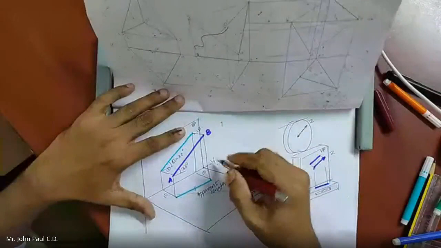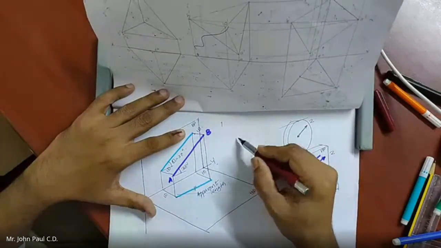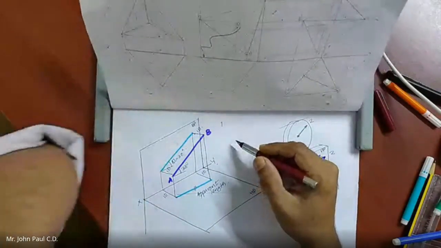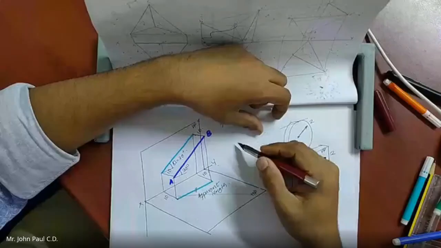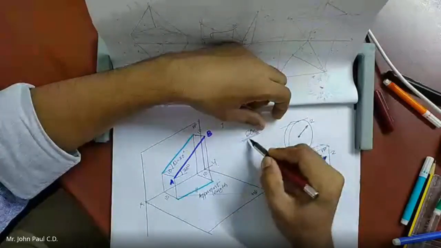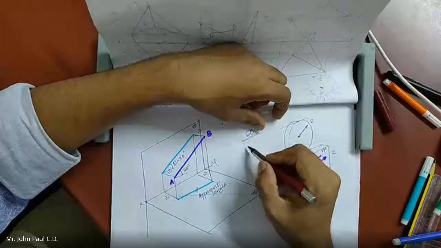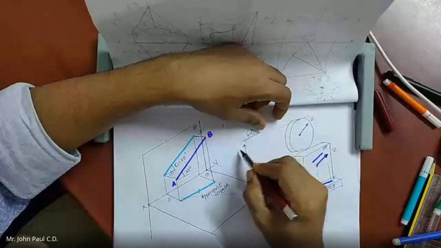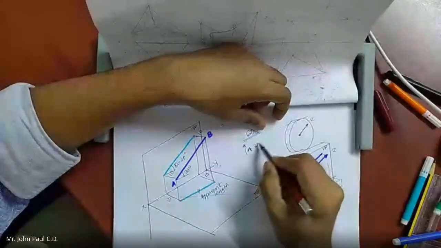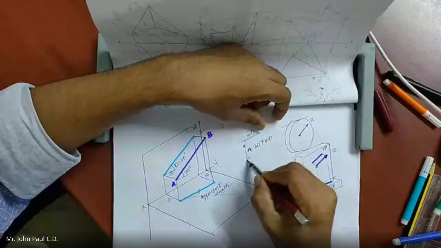In the previous class, the length of AB was, can anybody tell me, 60 mm. Length of AB, 60. Okay, right. Then the point A is at 40 millimeter from HP, this is okay. A was 30 millimeter above HP. Then B was 10 millimeter.